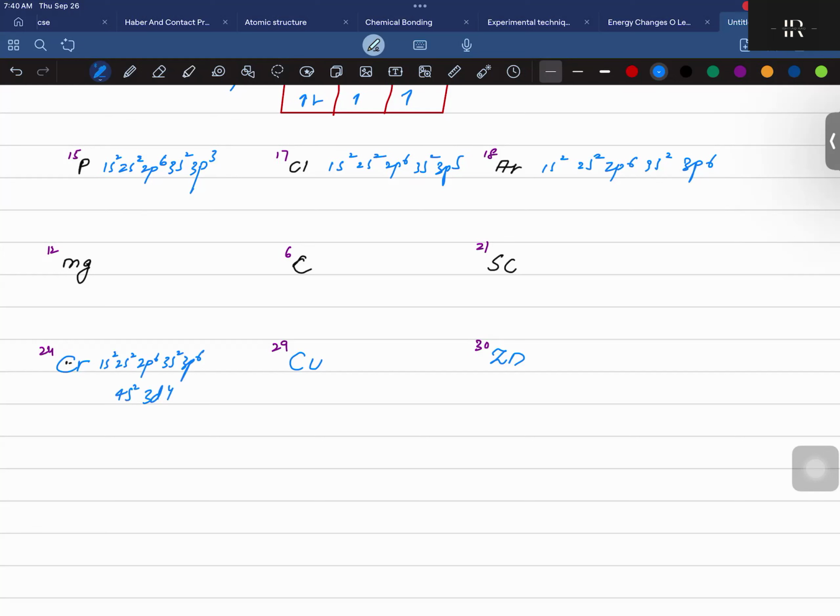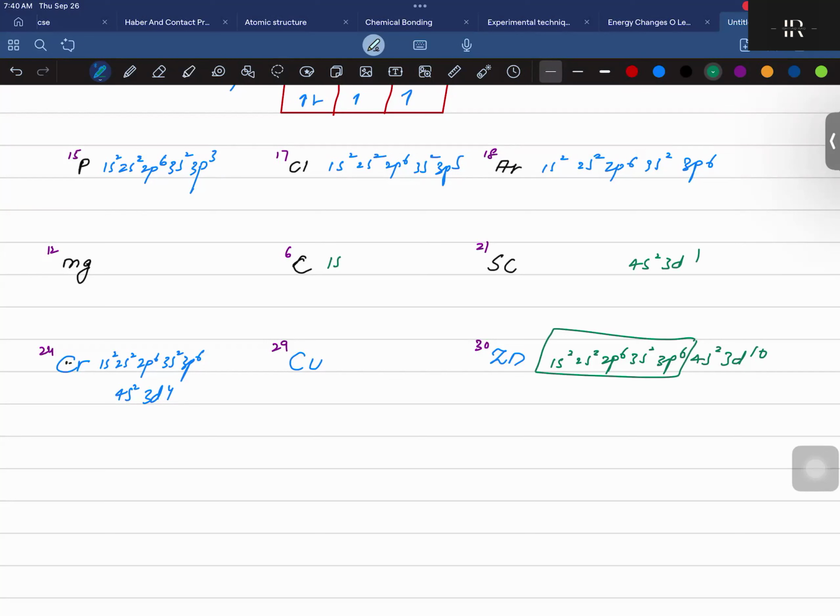Okay, and then this is zinc. This is 1s2, 2s2, 2p6, 3s2, 3p6, 4s2, 3d10. This is scandium. That would be 4s2, 3d1. The rest of the thing would remain the same.